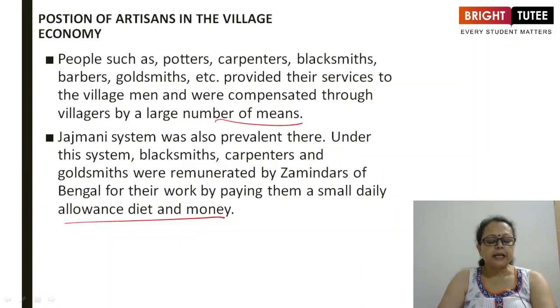In the 18th century, the zamindars remunerated them with an allowance, diet, or some of them granted land to cultivate and keep the crop as their remuneration. So this is all about the artisans and their contribution in the village economy.